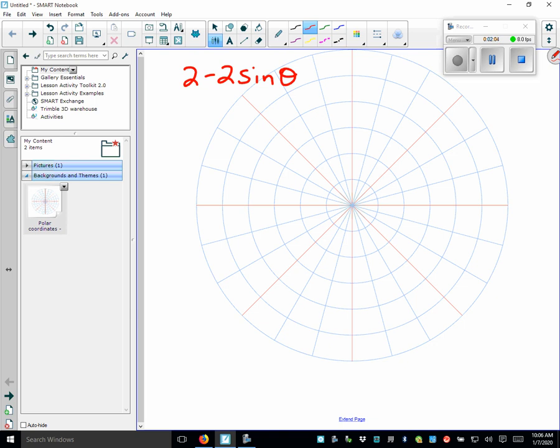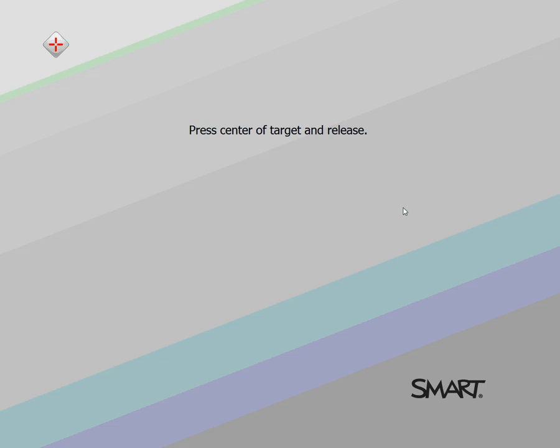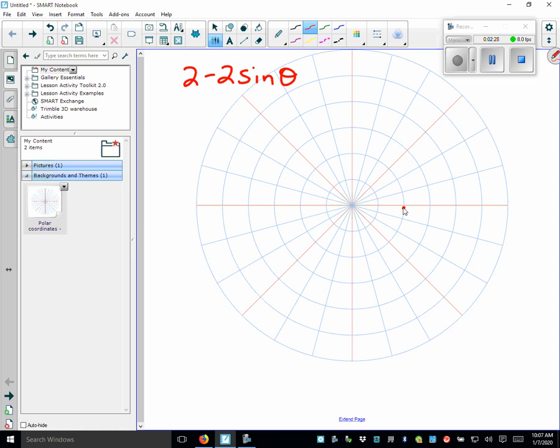So can you tell me, at 0 degrees, when theta is 0, what is R? 2. Okay, all right, 0, 2.